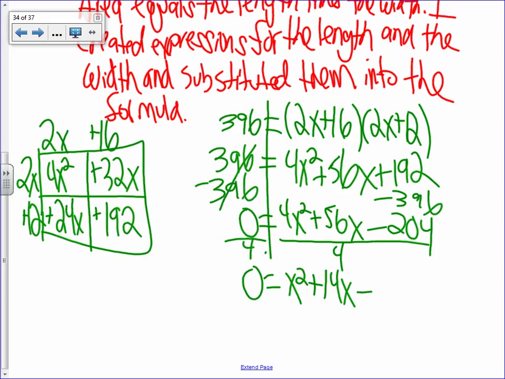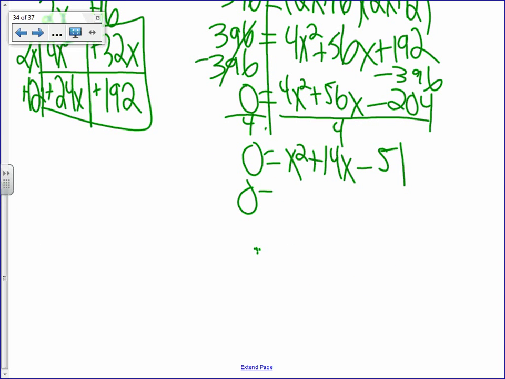No. Now that we have a trinomial, I'm going to list my factors of 51: 1 and 51, 3 and 17, 4 no, 5 no, 6 no, 7 no, 8 no, 9 no, 10 no, that's it.